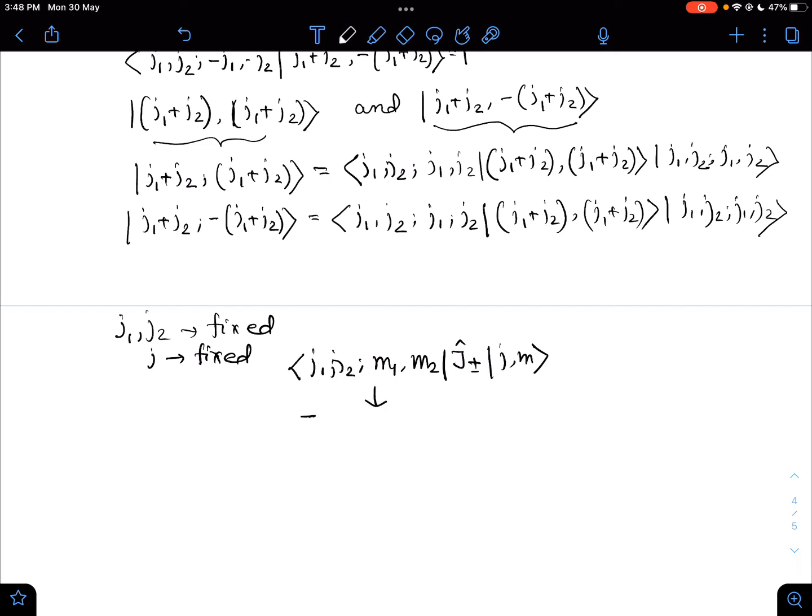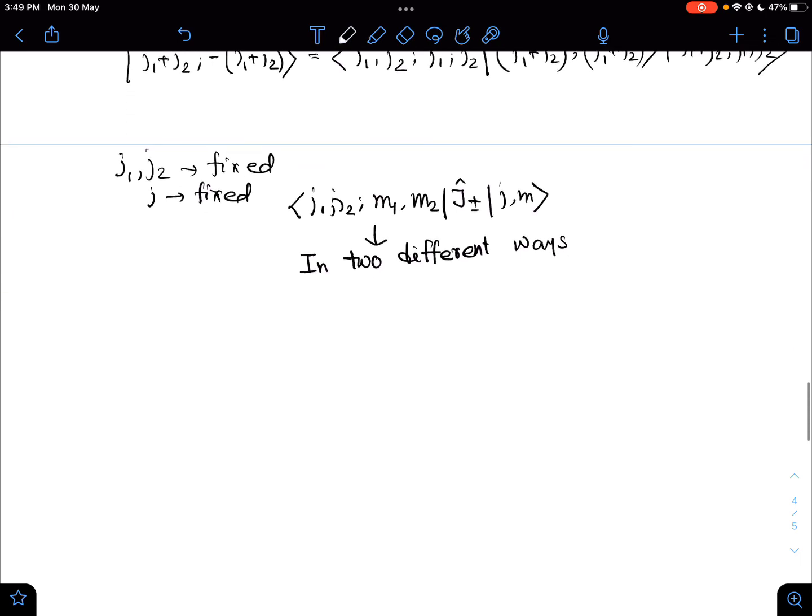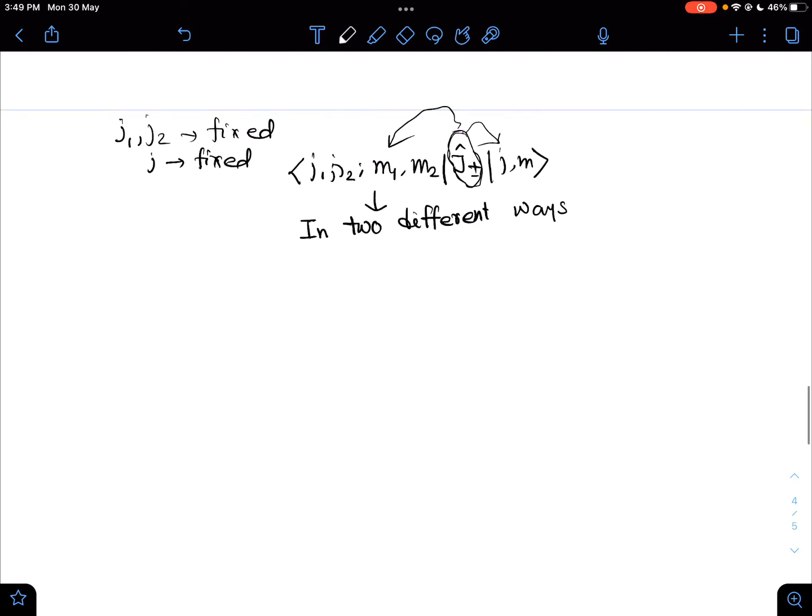First, we can allow this J± to act on the right side, on |J, M⟩. Secondly, we can express this J± in terms of J1± and J2±, and act them on the state to the left. So first consider acting on the right side. What will be the value?